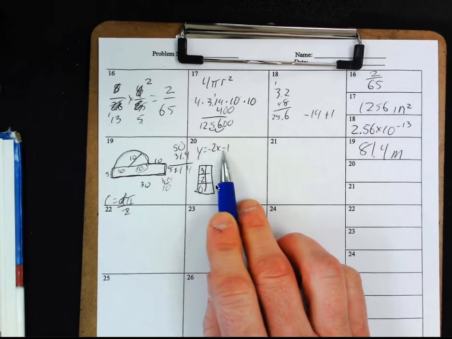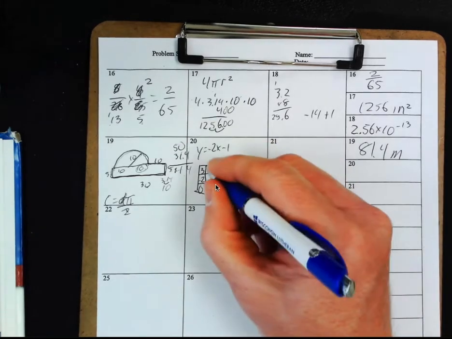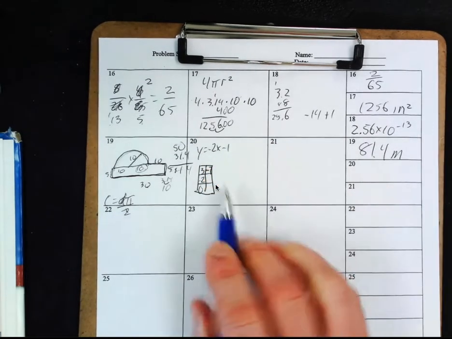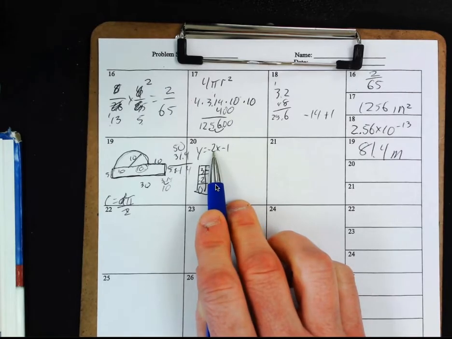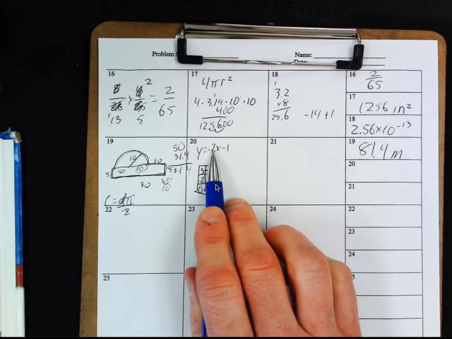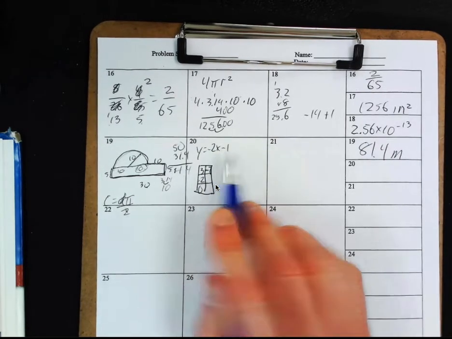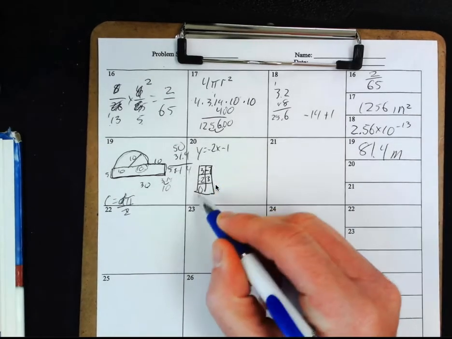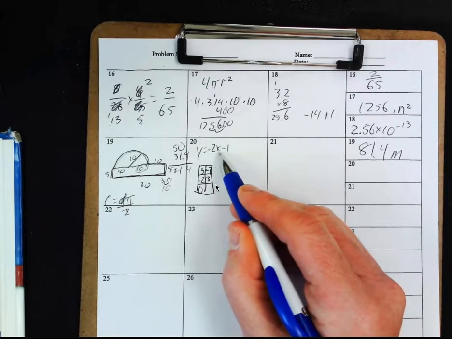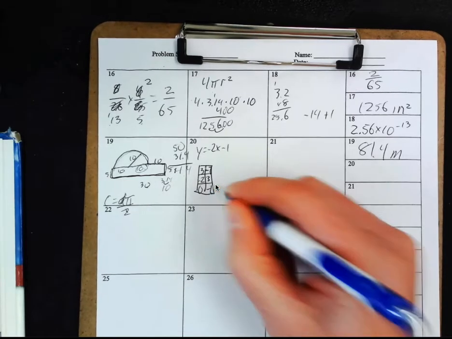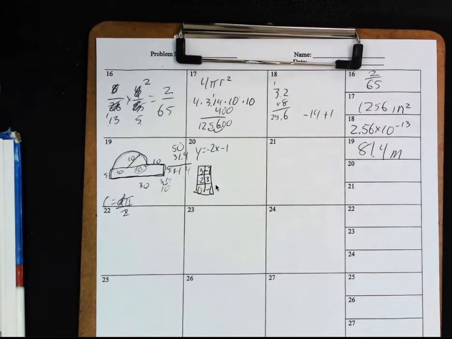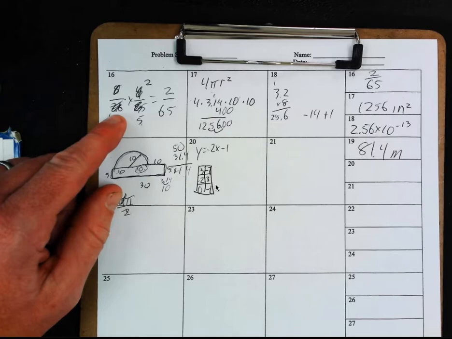Negative 6, negative 1, signs are the same, add together, get negative 7. Negative 2. 2 times 2 is 4. Signs are the same. That would be positive 4. 4 minus 1 is 3. 0 times who cares is 0. 0 minus 1 is negative 1. It says then please graph the coordinates, the function on the coordinate plane.